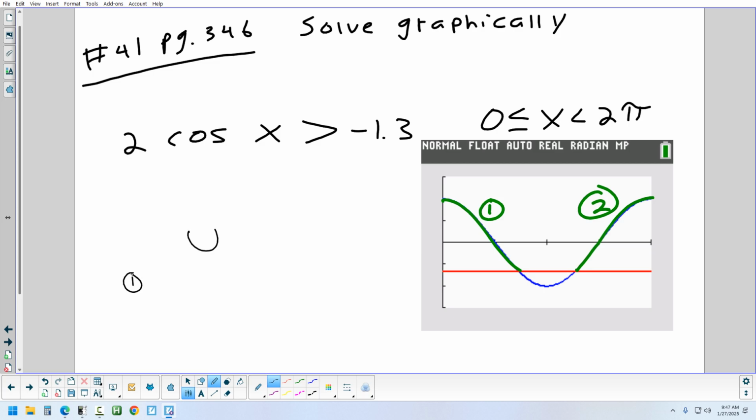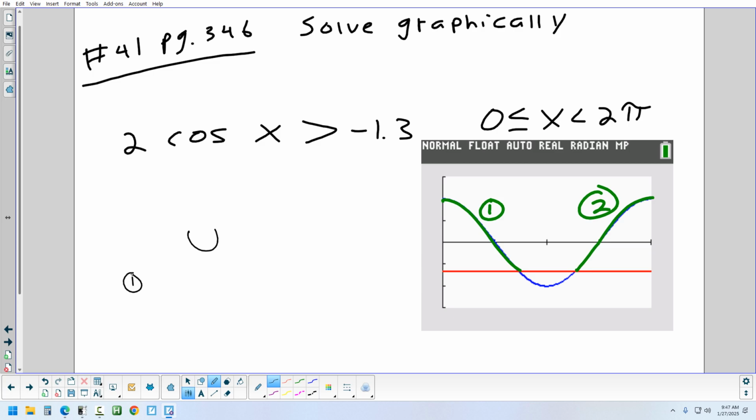Now let's start with interval 1. Can we include or not include the left endpoint of interval 1? Maddie, what do you think? How come? Right.